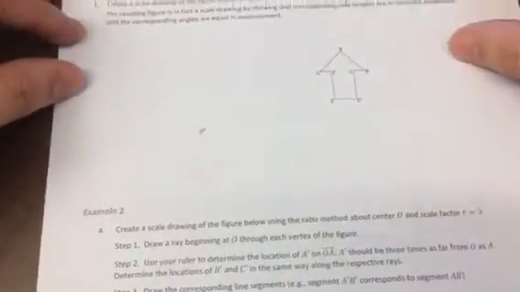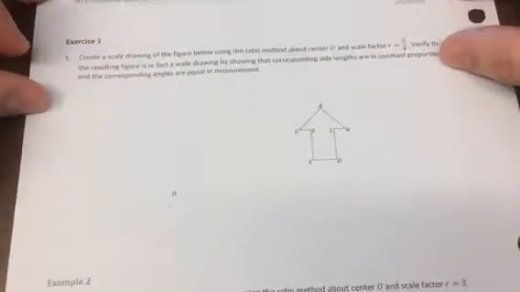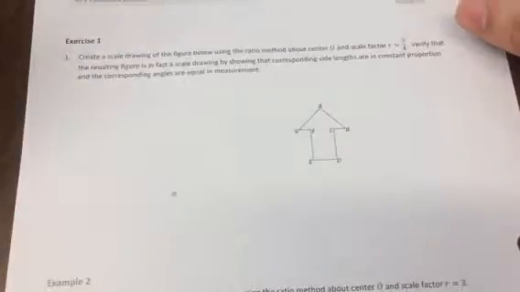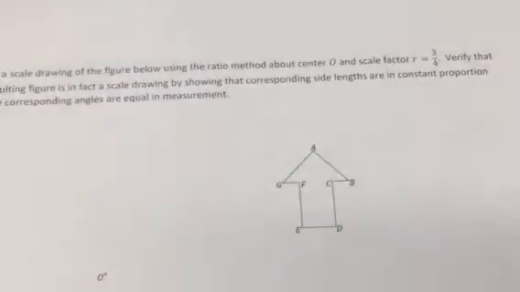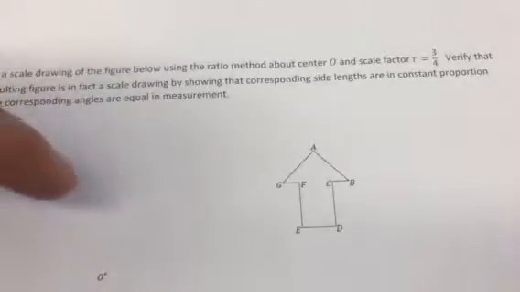All right? Now let's switch to exercise number 1, but technically this is example number 2 for us. I'm going to zoom in a little bit. We're going to do a very similar process.